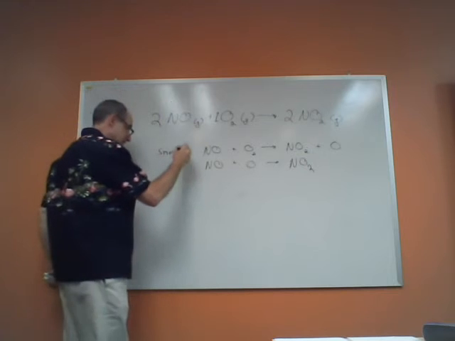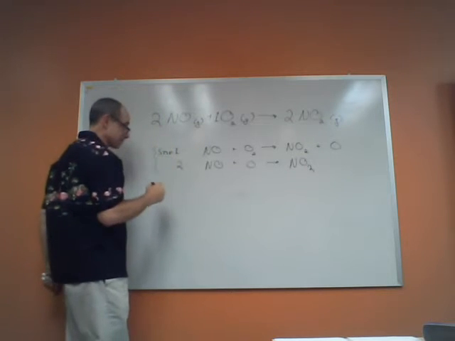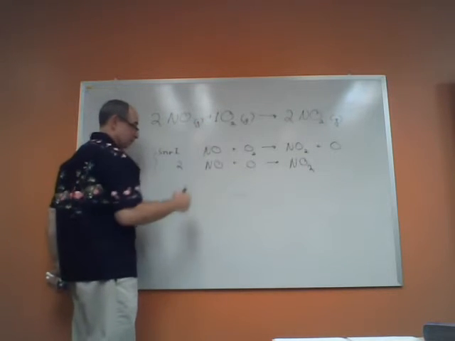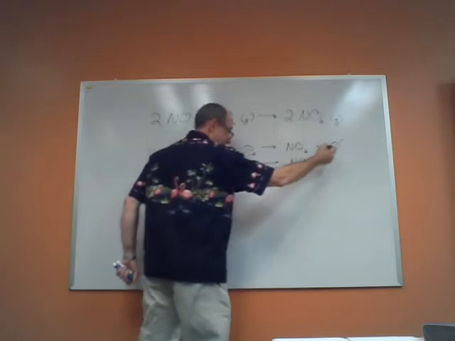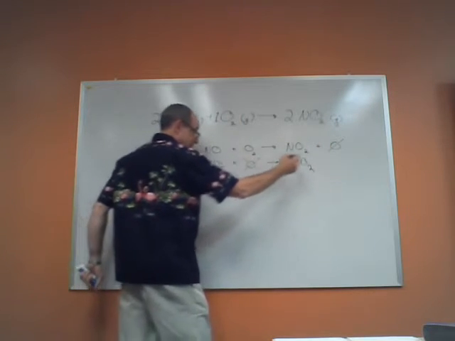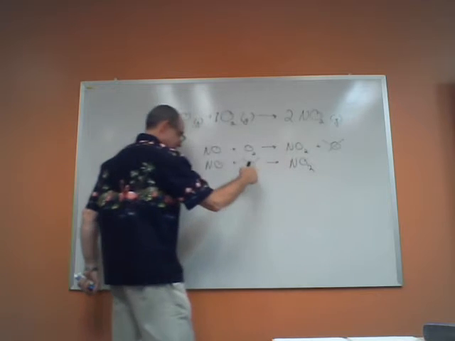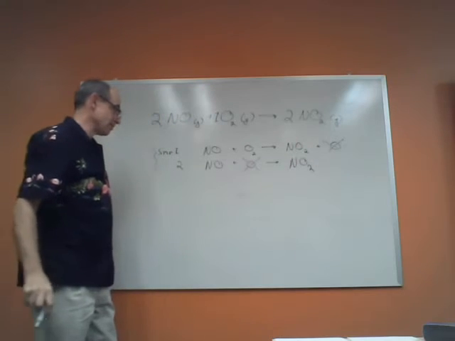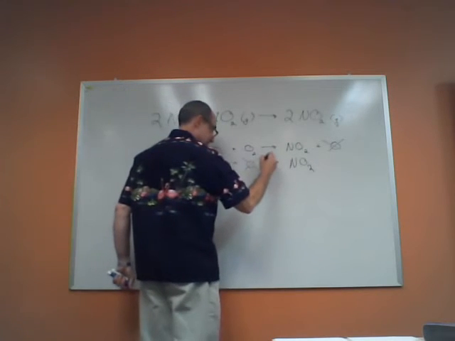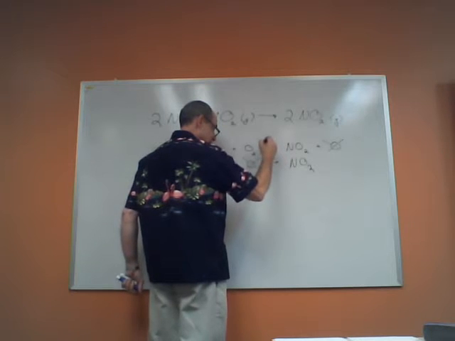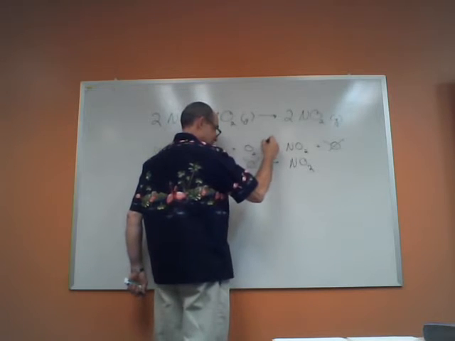Notice that I can combine these two steps to get the overall reaction. This atomic oxygen, which is produced in an early step and then used back up almost immediately, since this is going to be our fast step, is called a reactive intermediate, or just an intermediate.